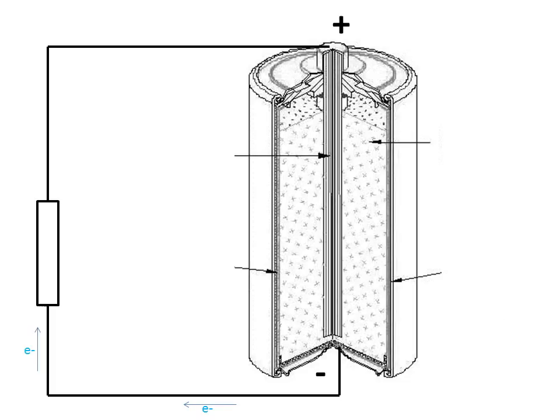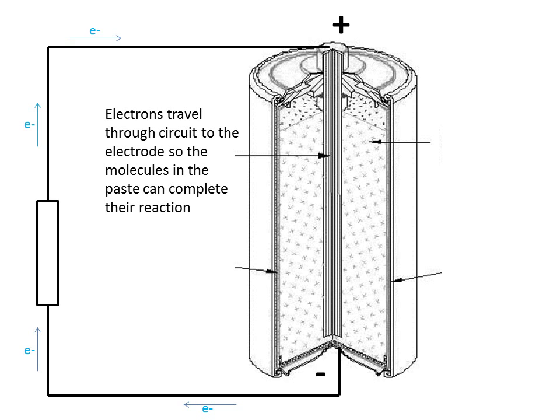Now, in order to do that, they have to travel through the resistor here. And any energy that these electrons have that was produced by this cell will be used up by this resistor. So they're all going to travel along until they get to the internal positive electrode here, and then the electrode in the middle is going to donate the electrons that have arrived, and it's going to give them to the molecules within the paste, in this case the manganese oxide molecules.